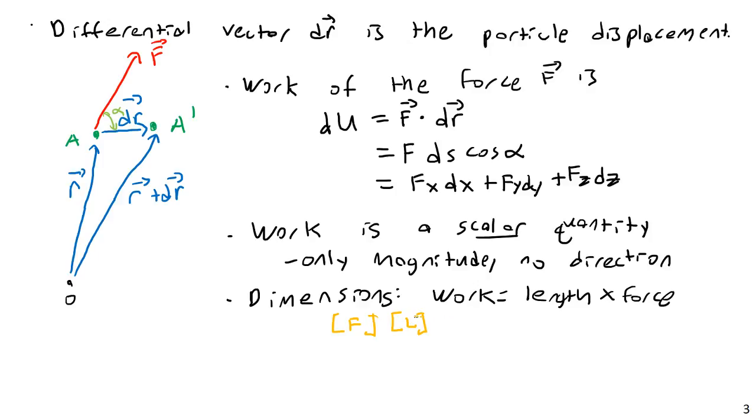Or if I were going to use an MLT system, it would be something like mass, M, times meter per second squared, so length times T to the -2, and then all of this times another length. But we don't usually need to worry about such things.